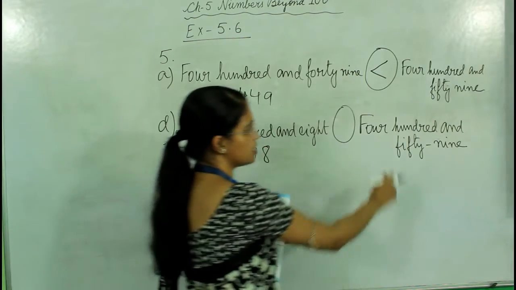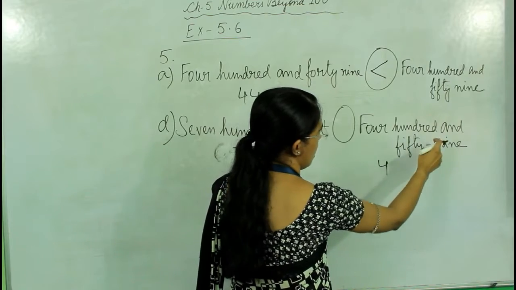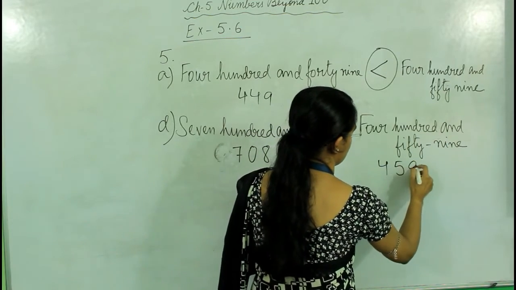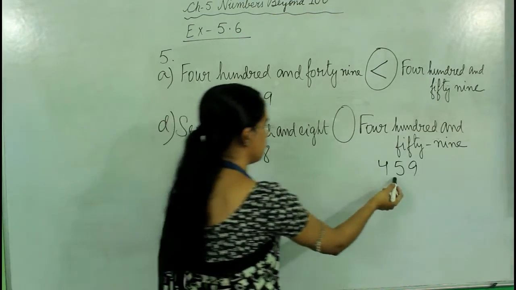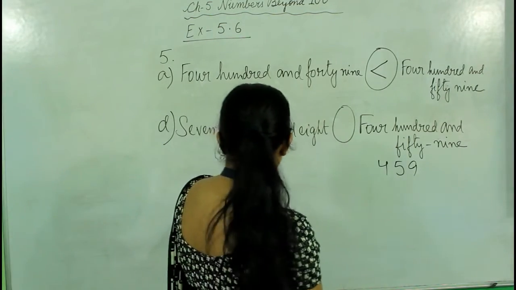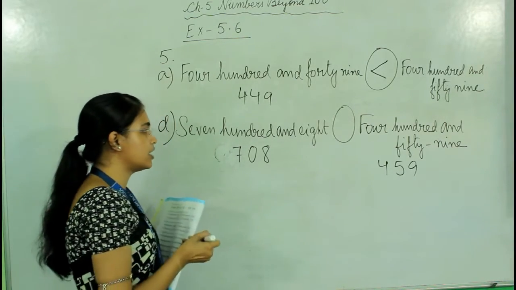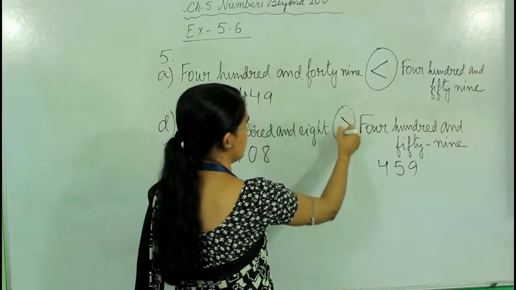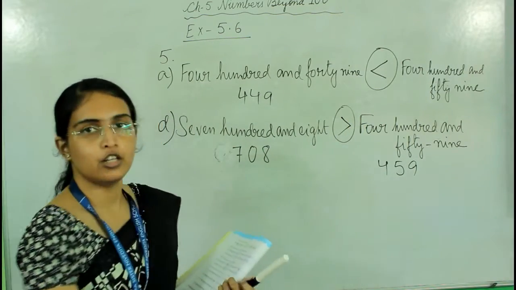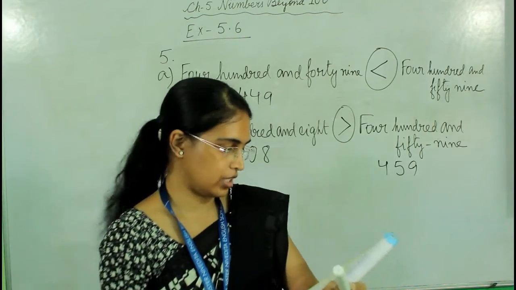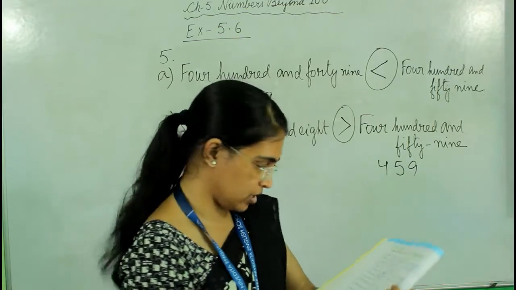And on this side we have which number? 459. So which one is bigger, 708 or 459? Yes, 708 is bigger, right? That means 708 is greater than 459. So in this way you have to do the rest of the questions, that is question numbers 5B and C. This is your homework.